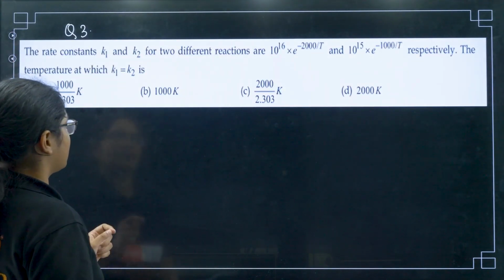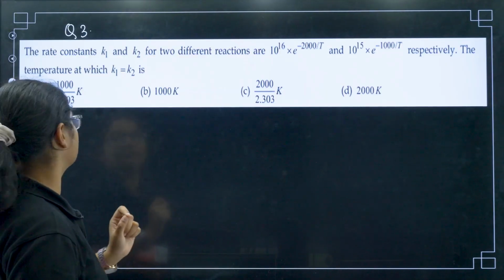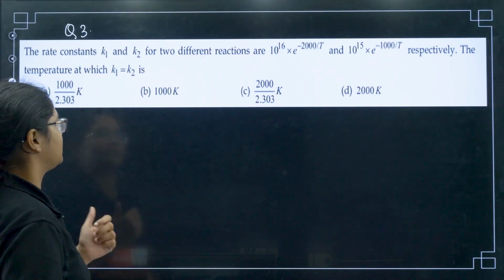Next, the rate constants K1 and K2 for 2 different reactions are given. I want the temperature at which K1 will be equal to K2.